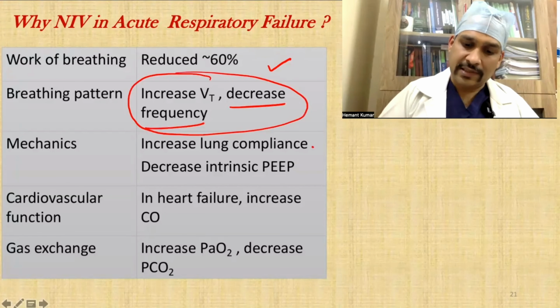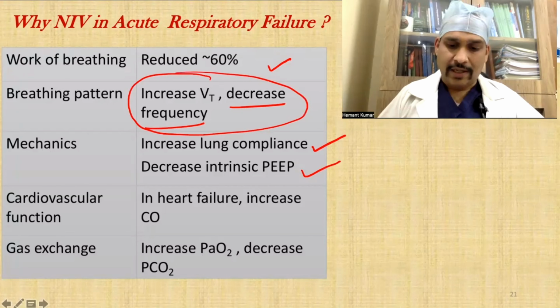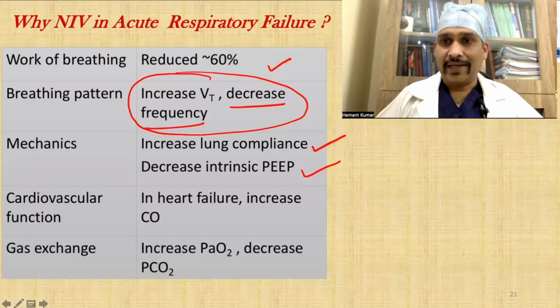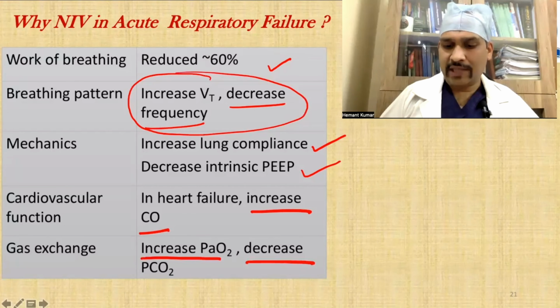It increases lung compliance, and in the cardiovascular system it decreases afterload and increases preload. That's why it increases cardiac output, and it helps in oxygenation and decreases carbon dioxide. So we can leave this one.